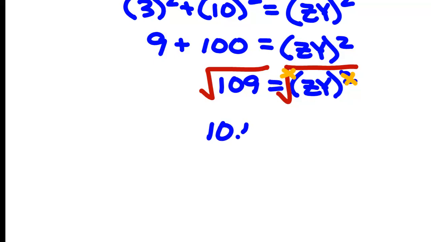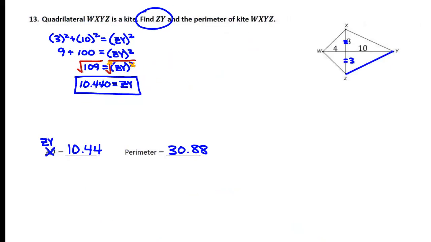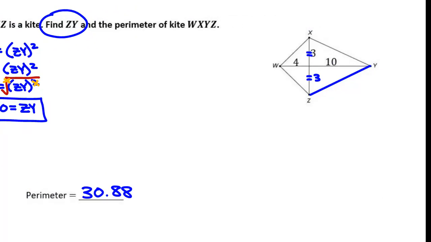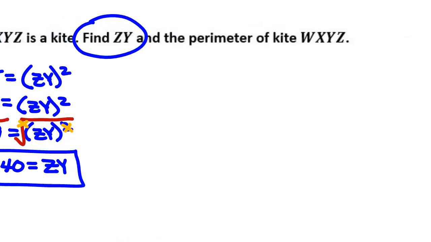So 10.440 when you take that one out to 3 decimal places. So I have 10.44 here and 10.44 here. Then we need to find either XW or ZW.